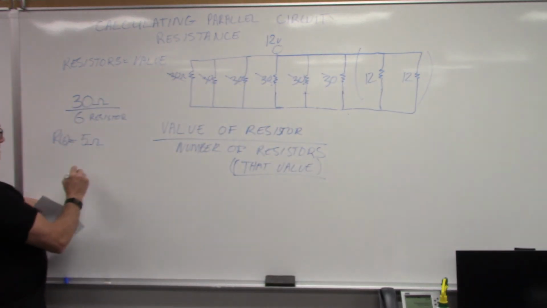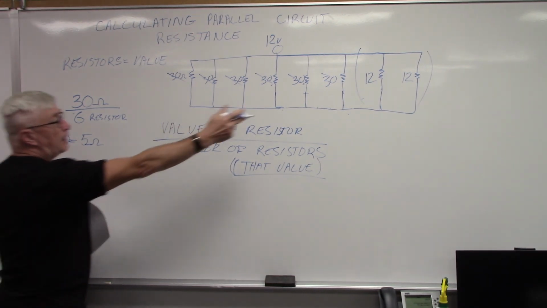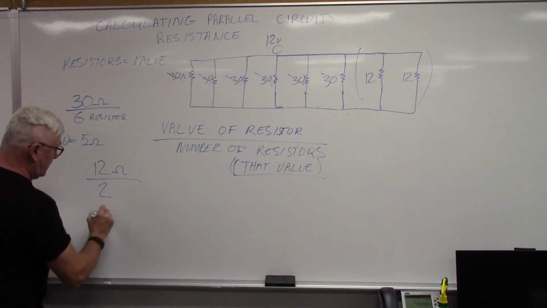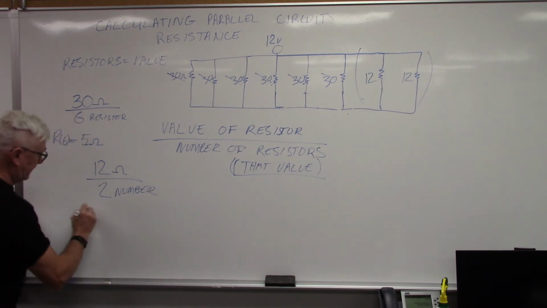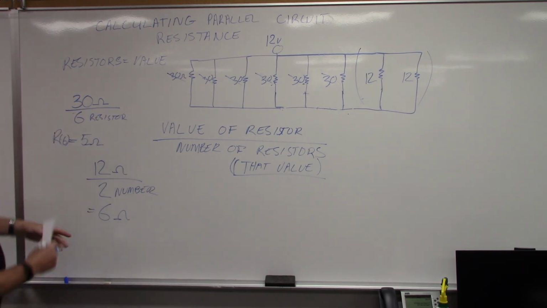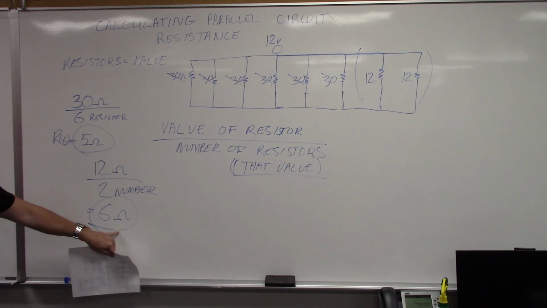So we can use this, we'll go this way. 12 ohms, which is the value of those resistors, divided by the number of those resistors, right, equals 6 ohms. Now, the first part of my equation was 5, the second part of my equation is 6.